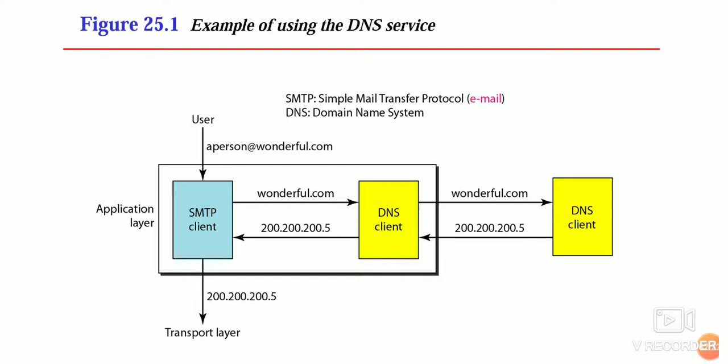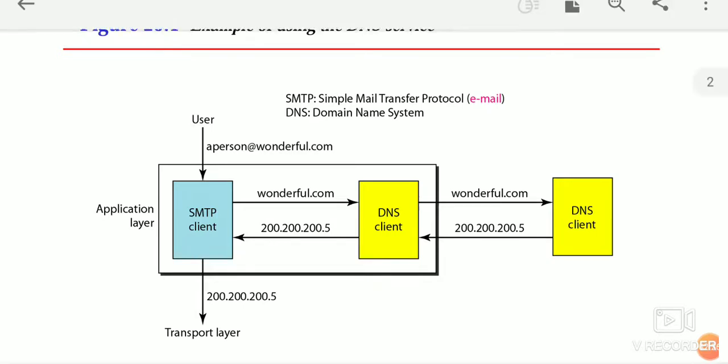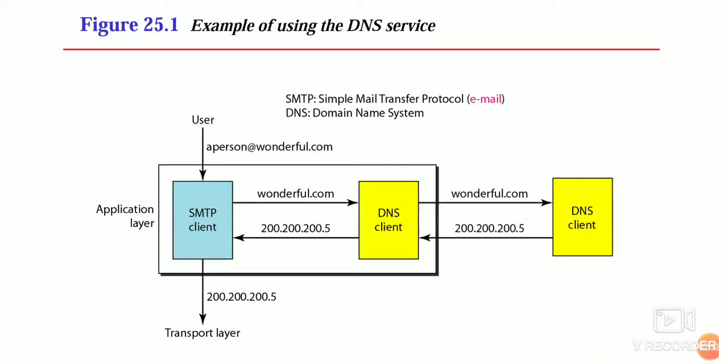Now he is requesting wonderful.com. This request is called a DNS query. The query reaches the nearby DNS client, which forwards it to another DNS client. The second DNS client gives the IP address to the DNS client that is built into the system, and from the DNS client of the user it reaches back to the SMTP client.